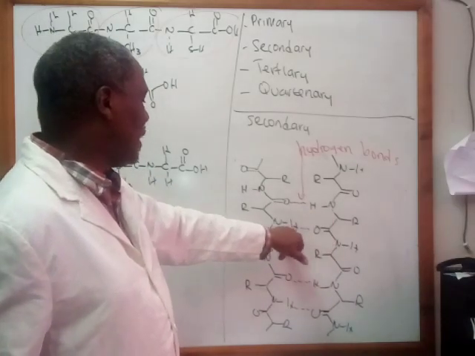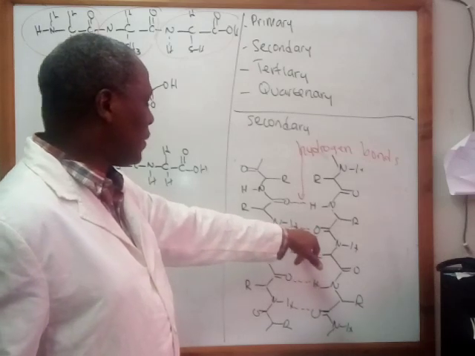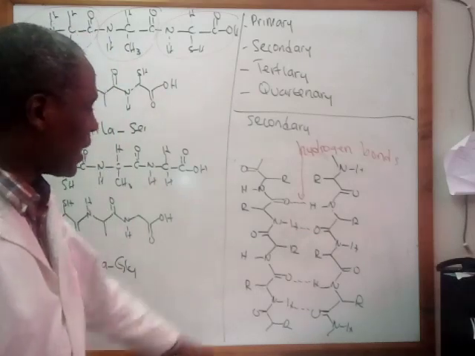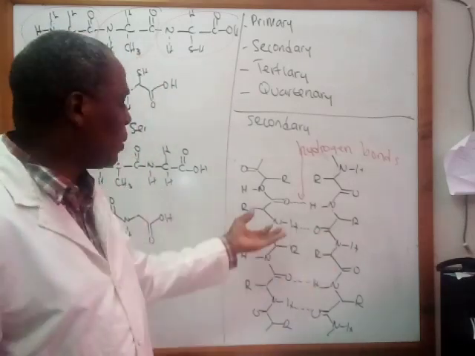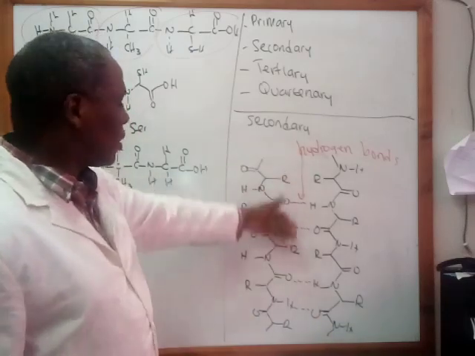In this case, there is the nitrogen which is electronegative. It contains hydrogen, and then that hydrogen is next to an electronegative element which is oxygen here. So there will be what? Hydrogen bond here. And so the story here continues.